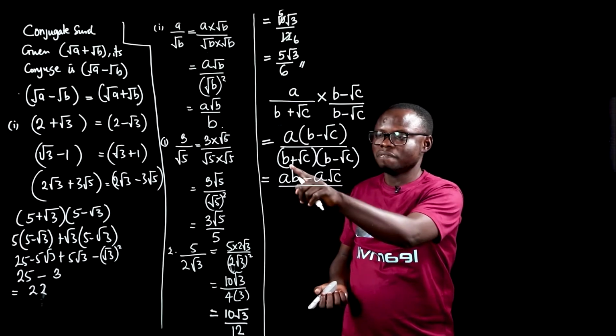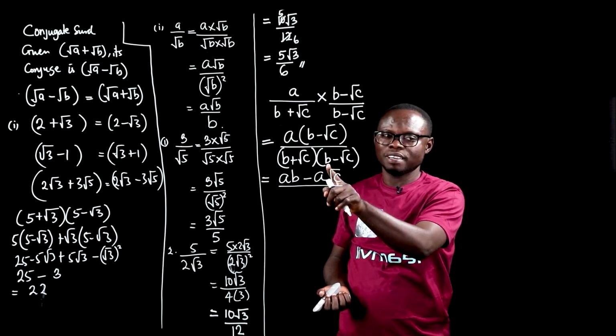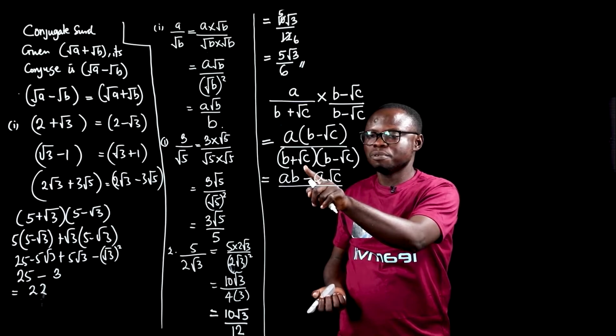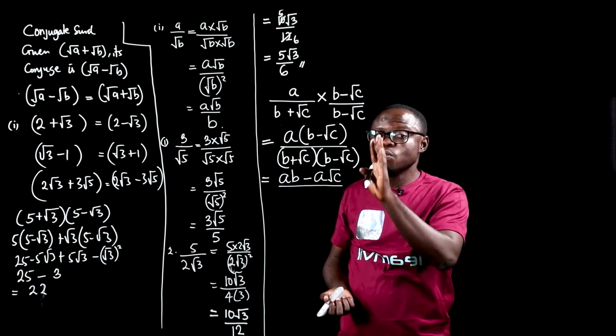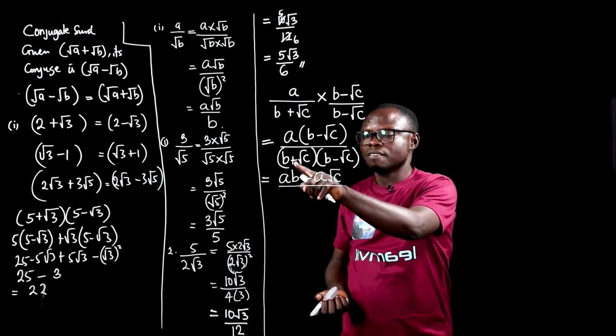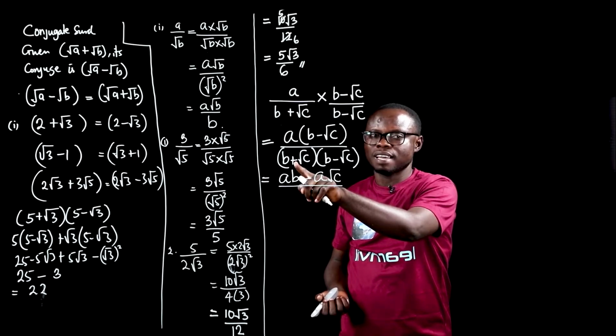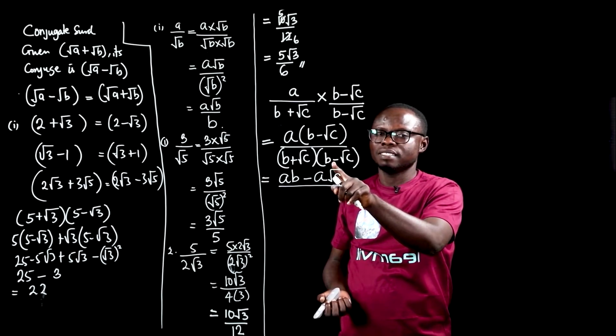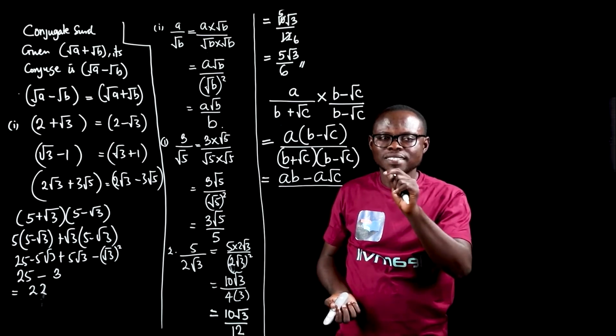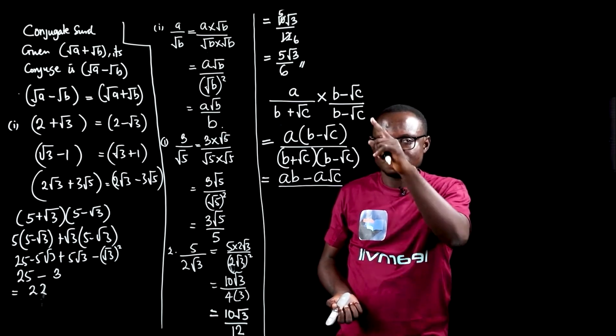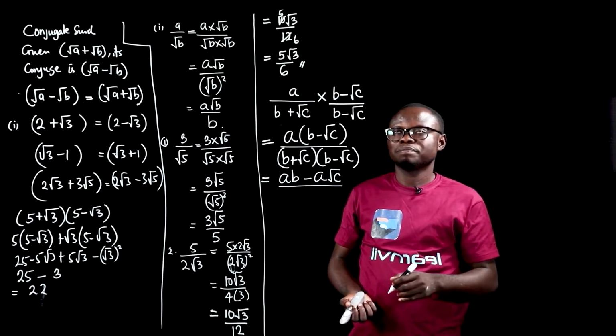You realize that the first term here is equal to the first term here. The second term, root c, is the same as root c. The only difference is that in the first bracket you have a plus sign, and here you have a minus sign. This represents an identity in mathematics, and let us quickly review that.